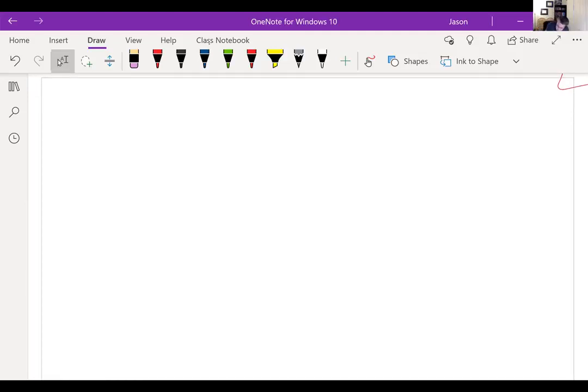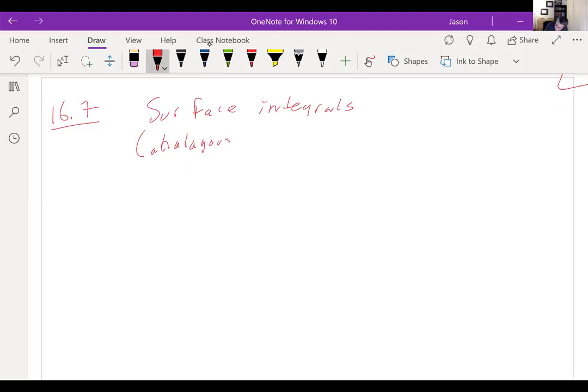So 16.7, surface integrals, analogous to line integrals. Instead of doing a line integral, now we're doing a surface integral.